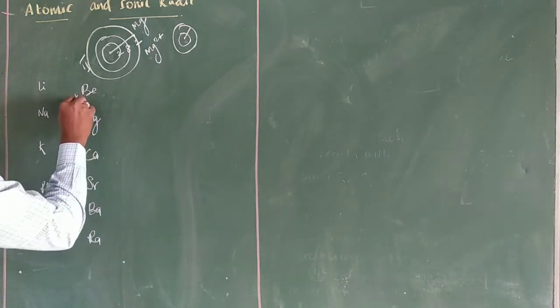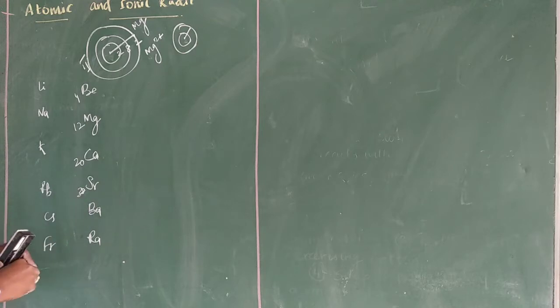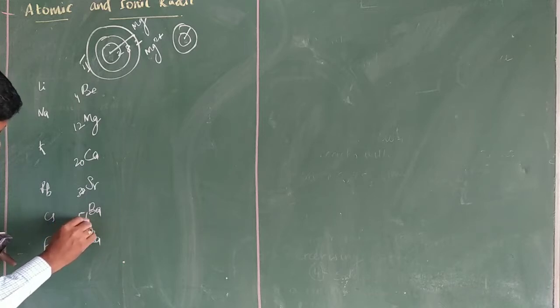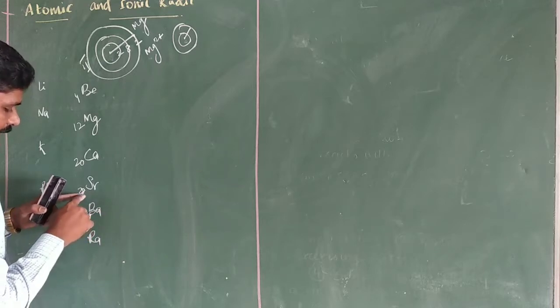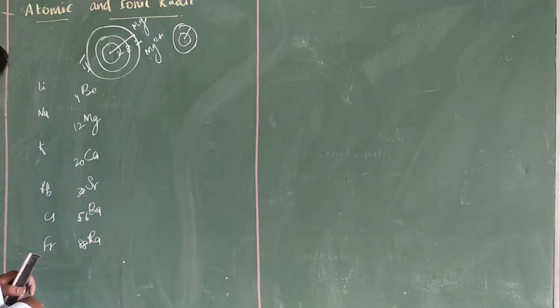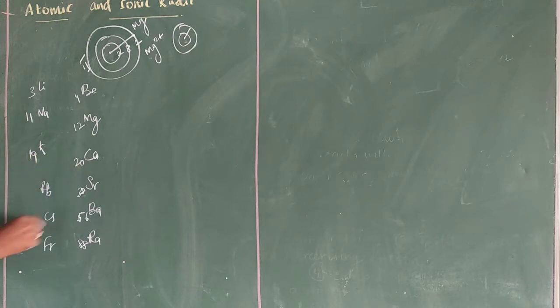Atomic numbers: beryllium 4, 12, 20, 38, 56, 88. And lithium 3, sodium 11, potassium 19, rubidium 37, cesium 55 and francium 87.